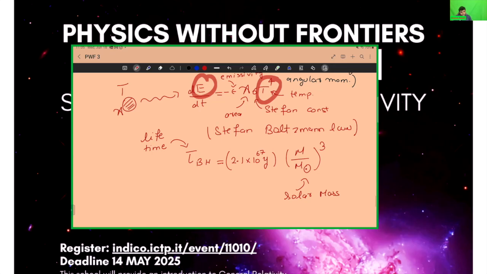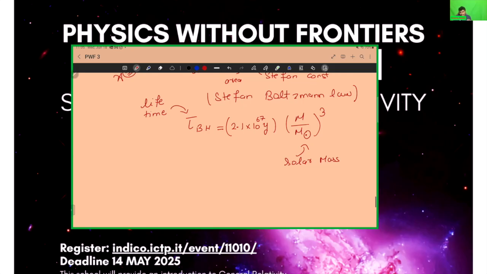So, for example, if you have a black hole that is of the order of the mass of the sun, so if there's a black hole whose mass is equal to the solar mass, then the lifetime of that black hole is almost 2.1 times 10 to the power 67 years.